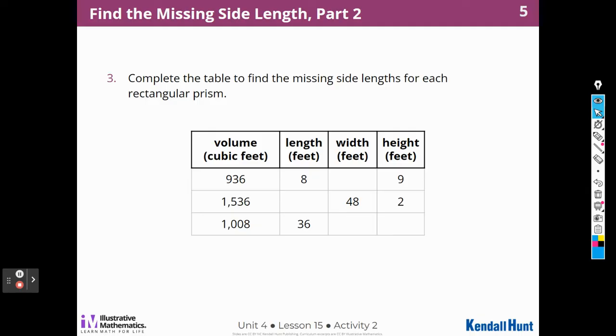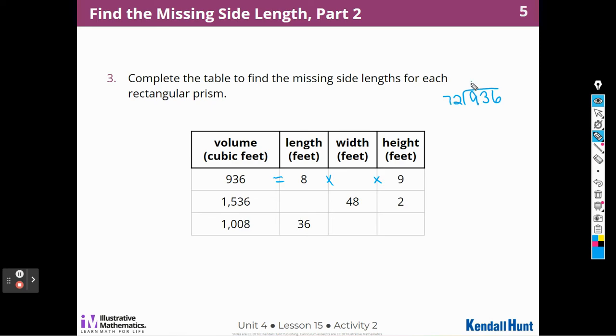I could take 8 times 9 and then divide that into 936. Because I know my math facts, 8 times 9 is 72. And 72 will go into 936. Now you could do both division problems. You don't have to do it the way Miss Lemoyne is doing it.